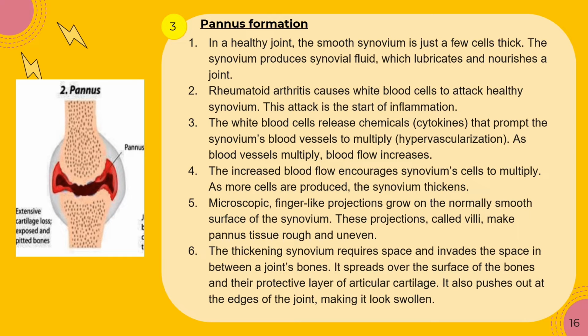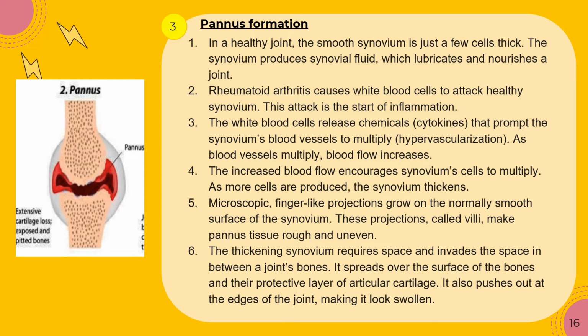As more cells are produced, the synovium thickens. Meanwhile, microscopic finger-like projections grow on the normally smooth surface of the synovium. These projections, called villi, make pannus tissue rough and uneven.